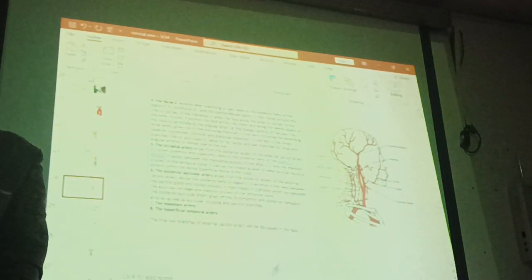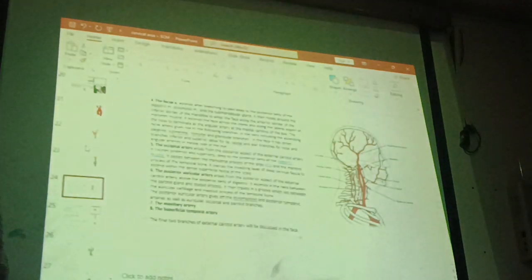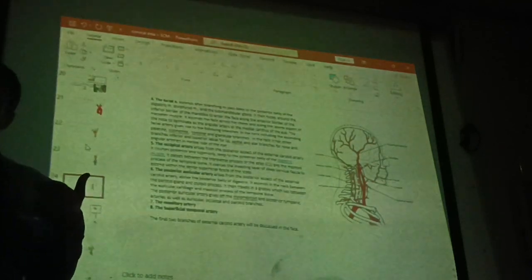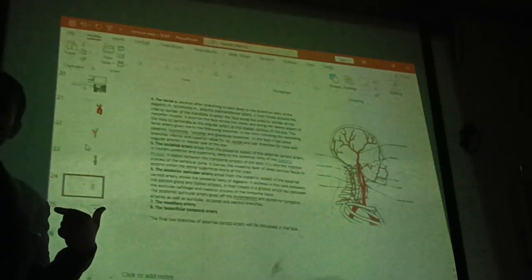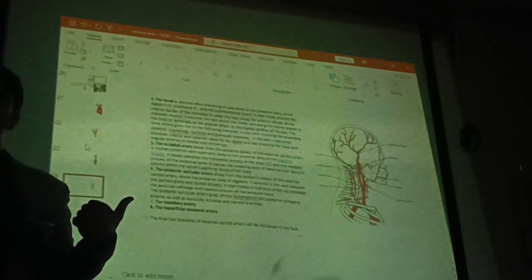The ophthalmic artery is a branch of the internal carotid, from the brain. So you learn that a site for the communication of the external carotid and internal carotid is this area, the connection of the angular artery, which is the continuation of the facial artery, with the ophthalmic artery, a branch of the internal carotid artery.